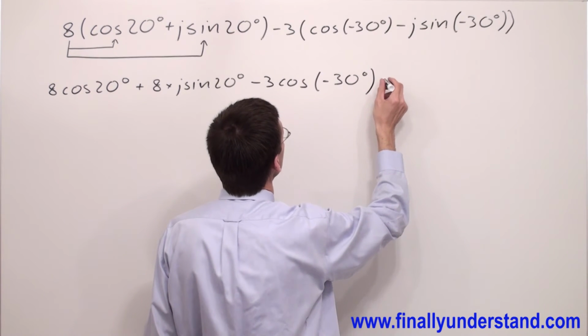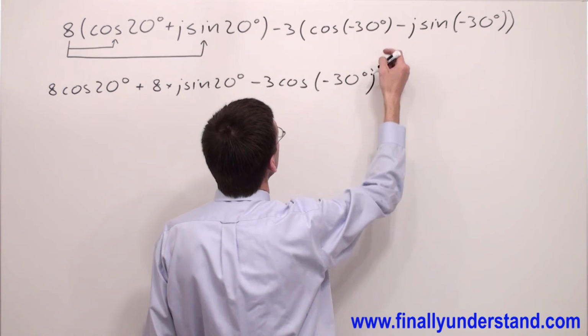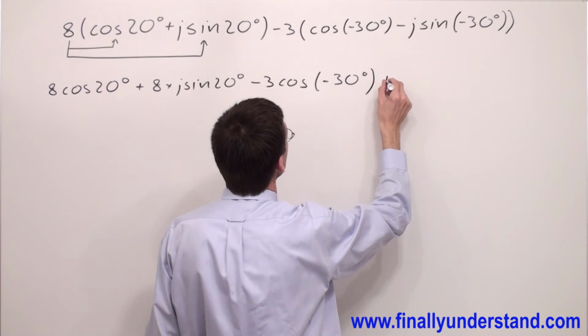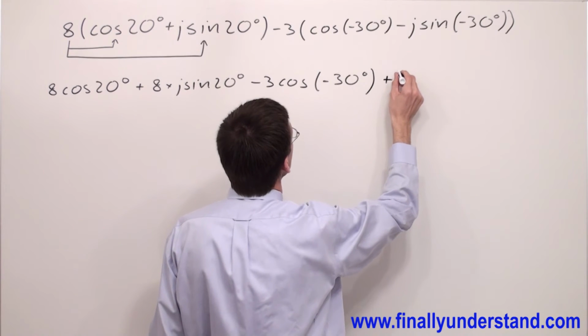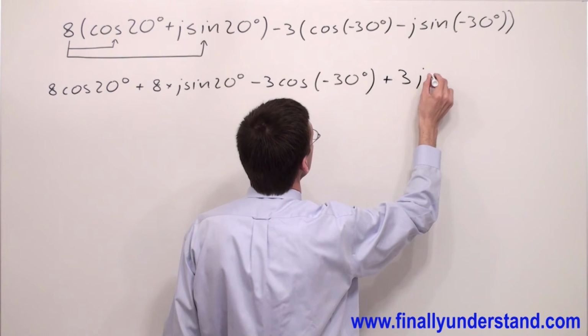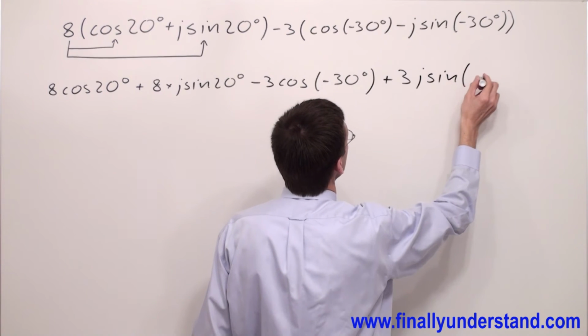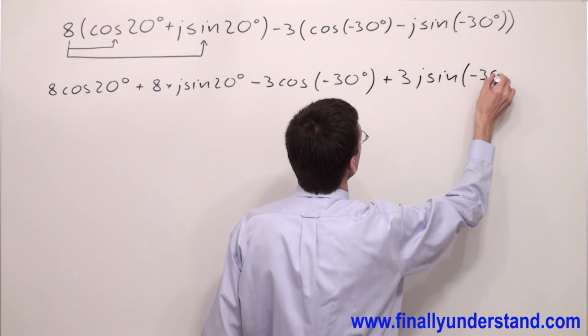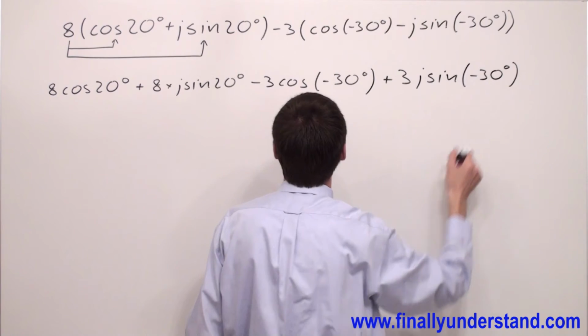So negative times negative will give me positive, so I have plus 3j sine of negative 30 degrees.